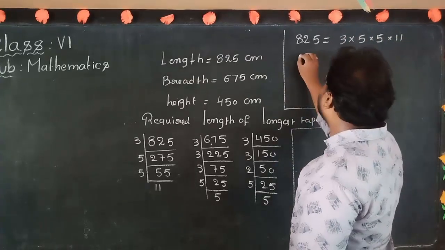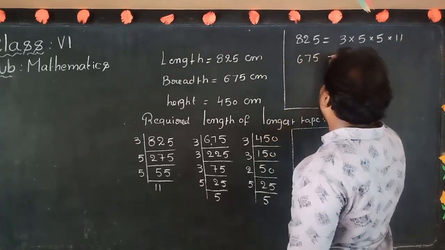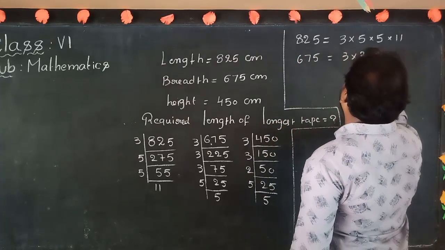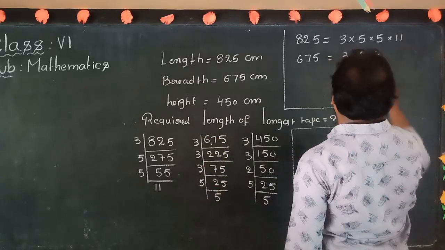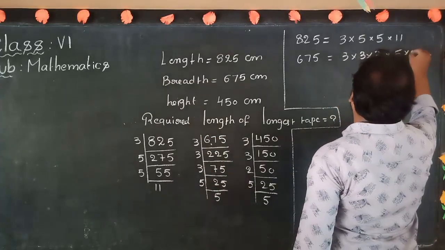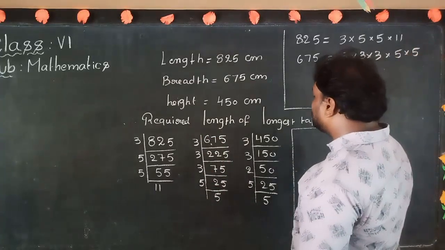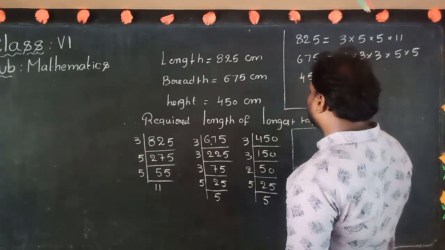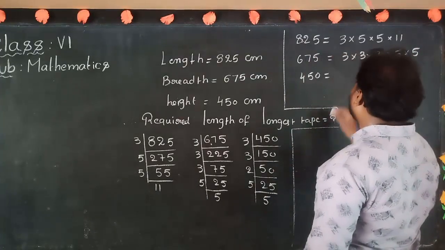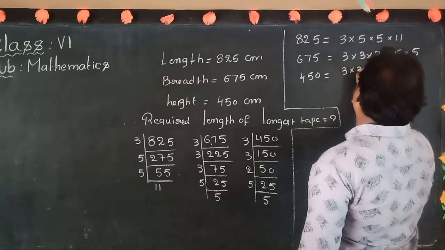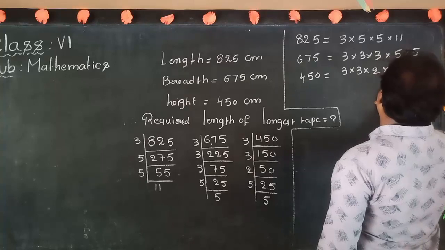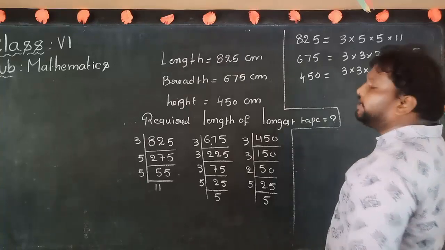Next, 675 is equal to 3 into 3 into 3 into 5 into 5. Next, 450 is equal to 3 into 3 into 2 into 5 into 5. Then what are the common values?